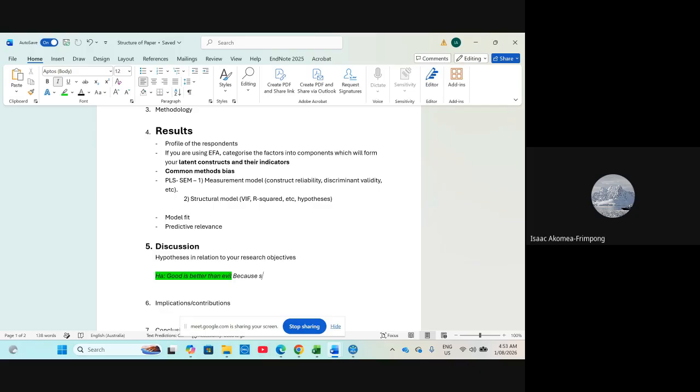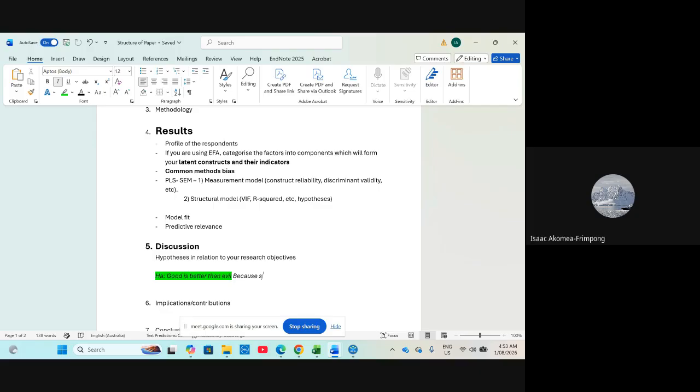Or it can happen that it is the opposite, and I say that based on my results, this outcome disputes what King has already found in existing studies, that good is better than evil.